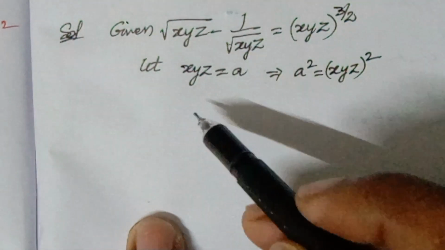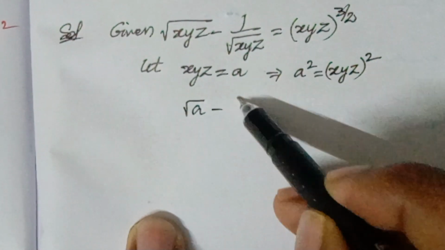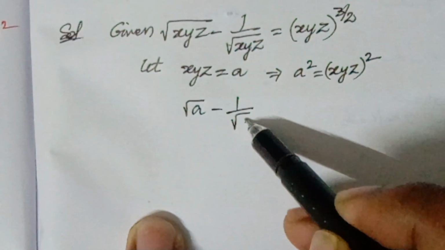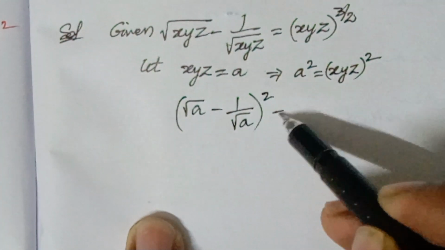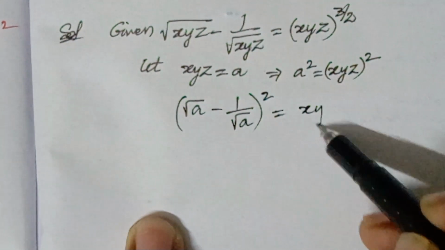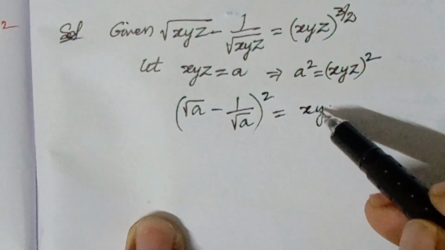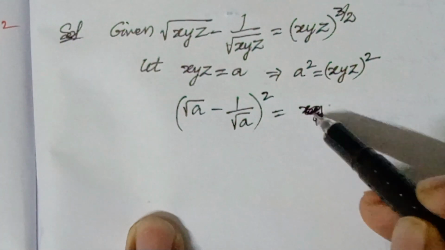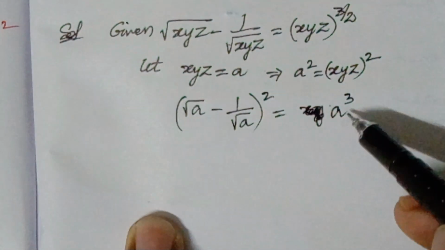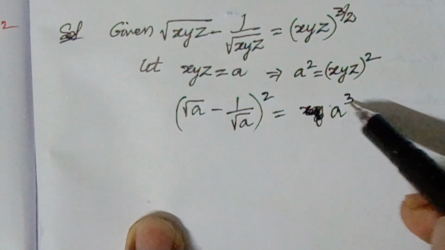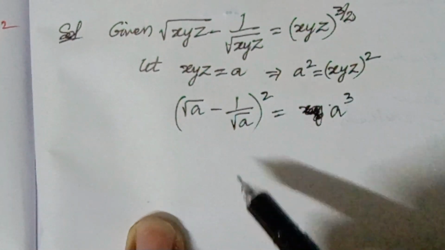Now if you substitute here, we get root a minus 1 by root a. Here I am taking the whole square, which is equal to a to the power of 3 by 2, with the 2 going to that side, so we get a cube.